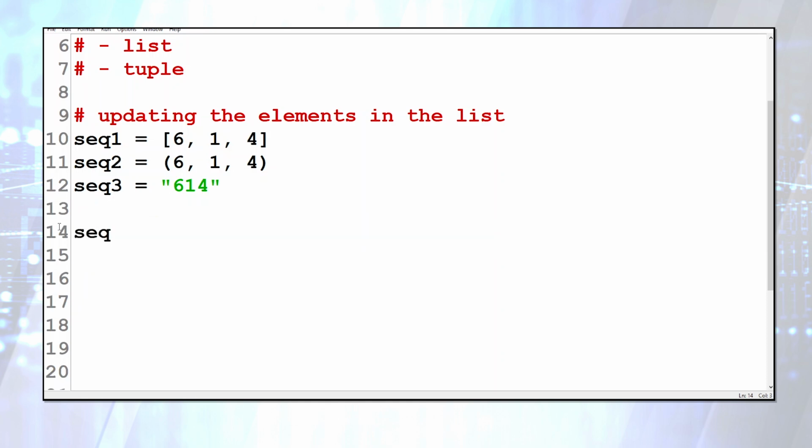So my sequence 1, index number 1, holds the value of 1 at this moment. You can print it if you want to, but I want to change it to 100. I want to take that value and replace it with 100. Then I print sequence 1, and we can do it once before and once after that assignment to see the differences between the two.